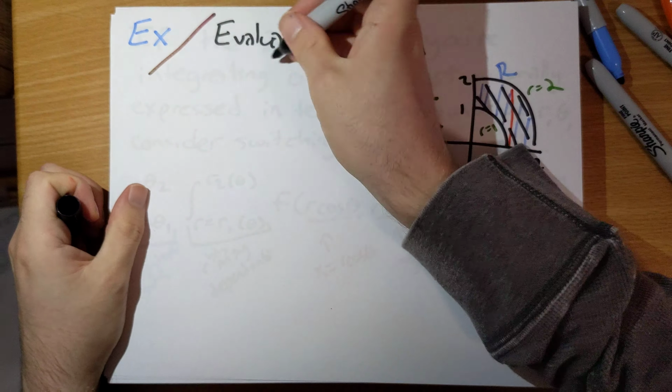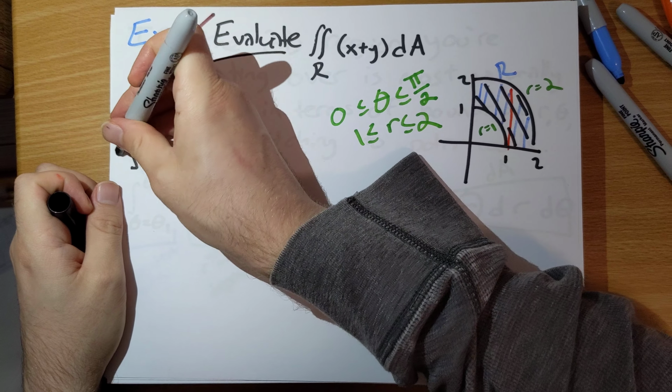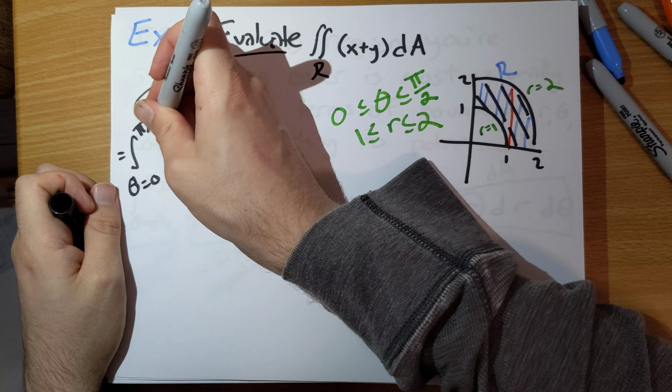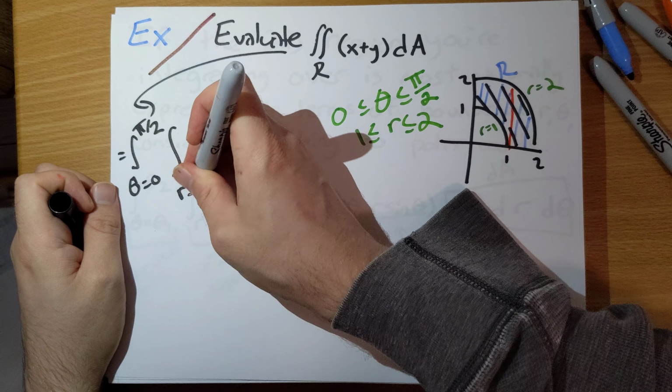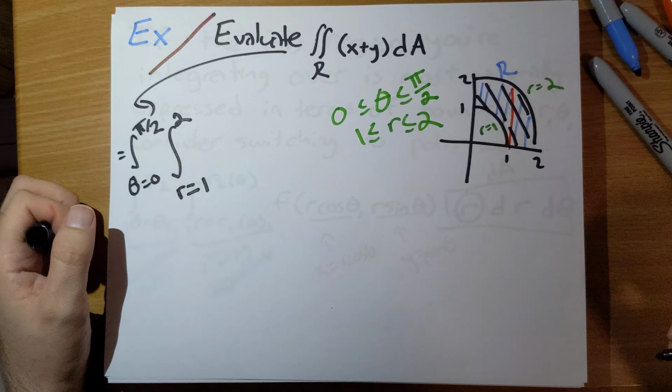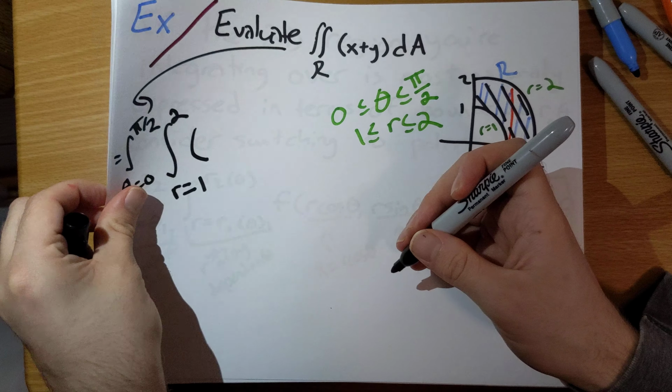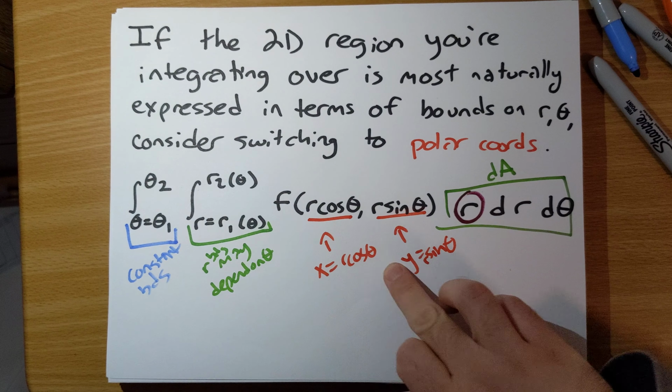So this integral is going to equal the integral of theta from 0 to pi over 2, r from 1 to 2, of x plus y. Now we're doing the substitution here.